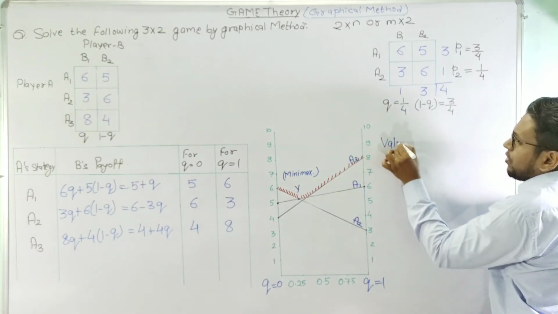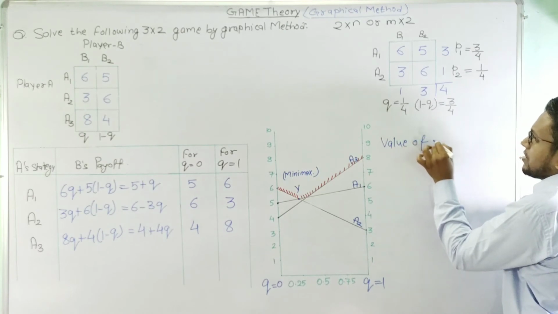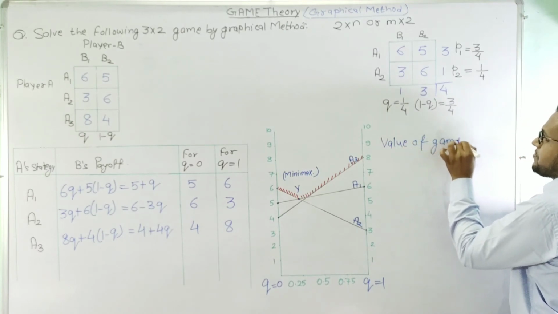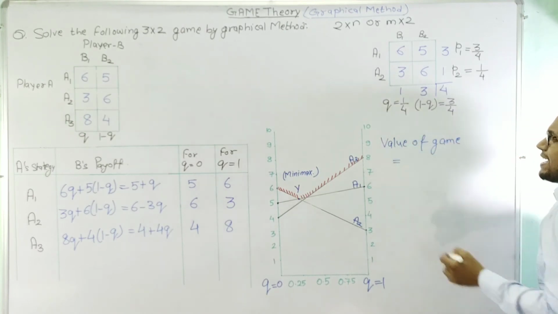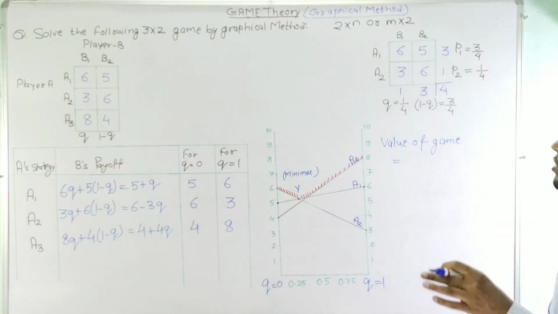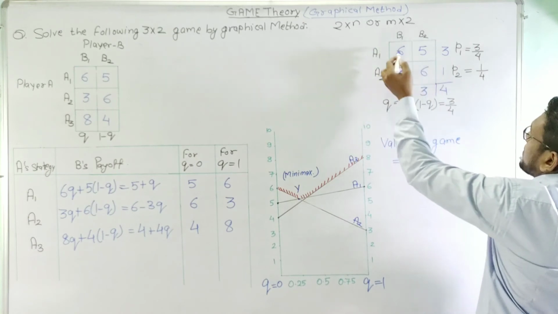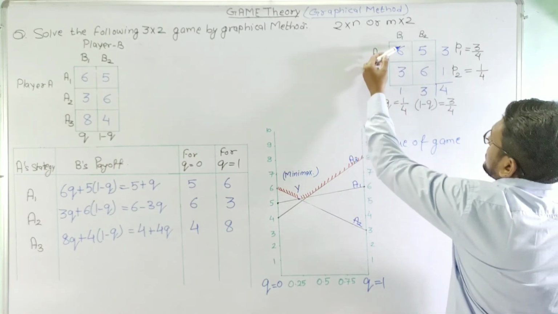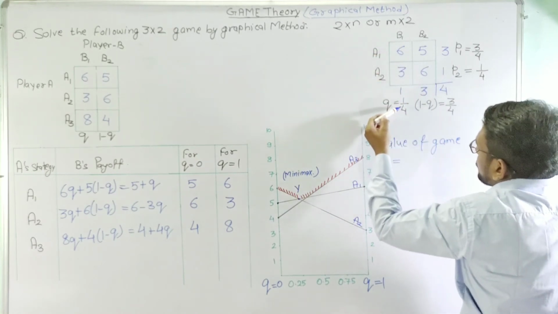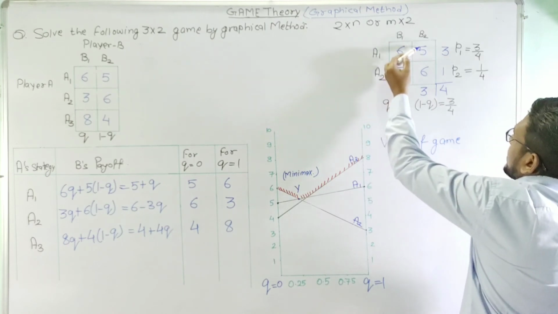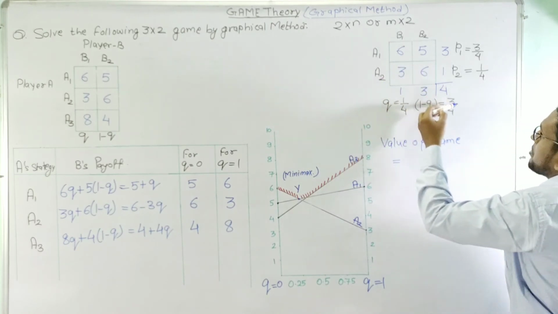Now let us calculate the value of game here. The value of game can be calculated by considering any row or any column. As usual, I will select the first row here. What we will do is this value multiplied by the corresponding probability plus this value multiplied by the corresponding probability.